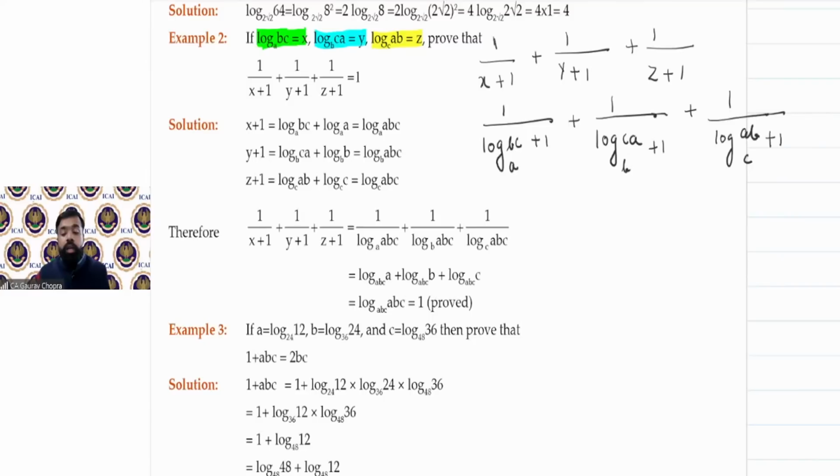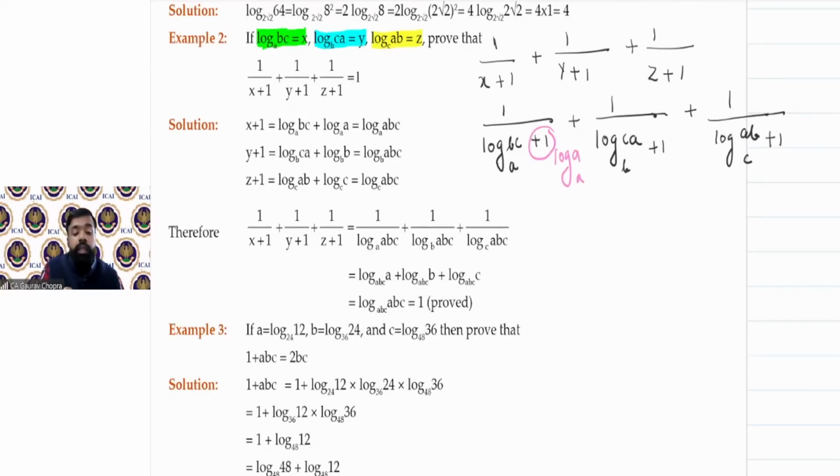This is given. Now, since we can see that all the bases are different, at one place it is A, at another place it is B, and somewhere it is C. Now, if we have to make something common between them, then what is the way? So 1 can be written in any other form. This 1 can be written as log A base A, because log of A base A is 1.